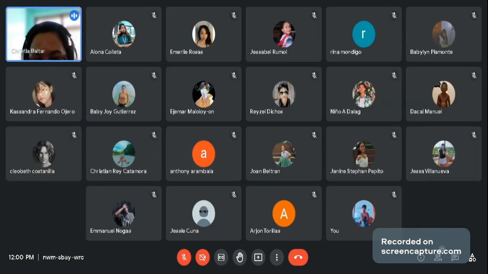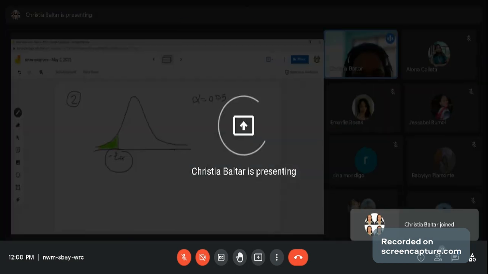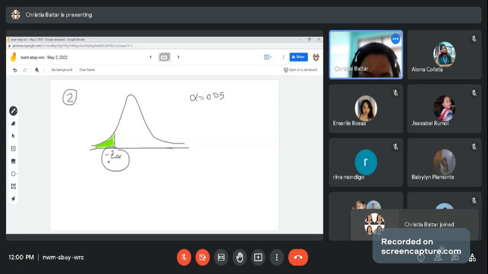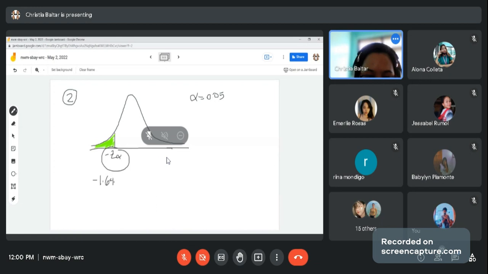Since it is a lower tail test, the Z critical value is negative. So that's negative 1.645. Okay?